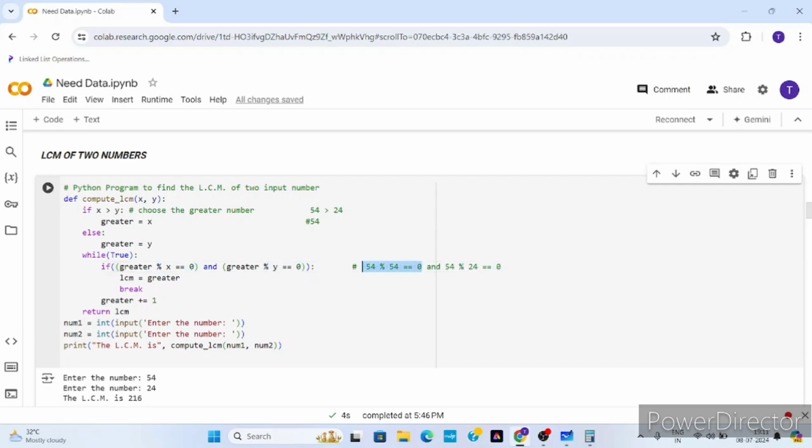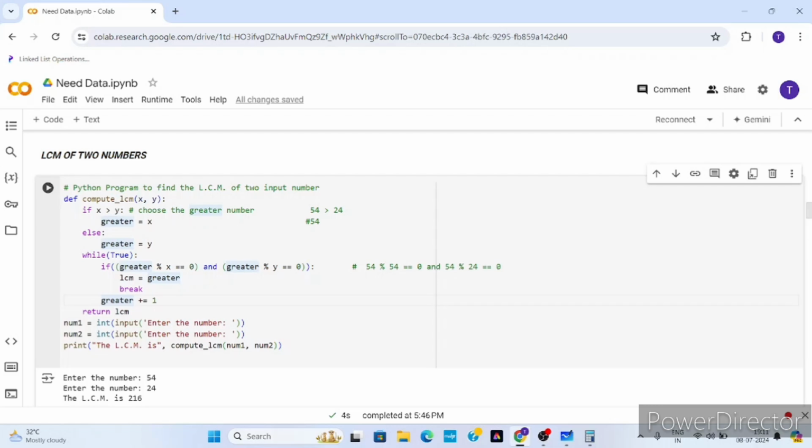This condition is true. But 54 mod 24 is not equal to 0. So this condition automatically fails, and so it won't enter into this condition. It directly jumps out of this condition.